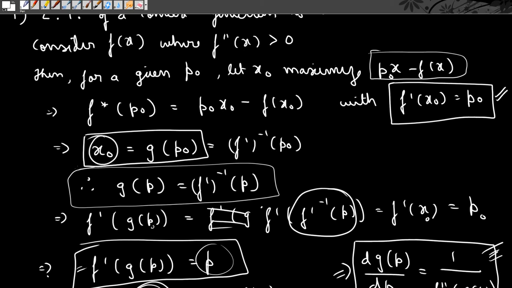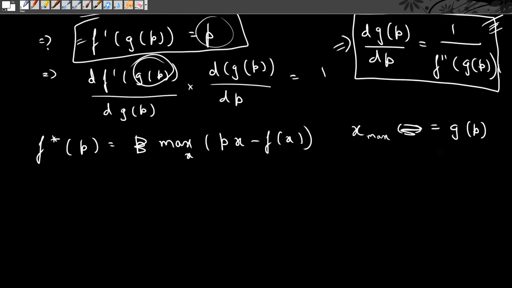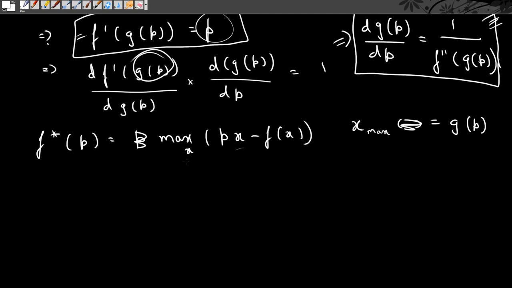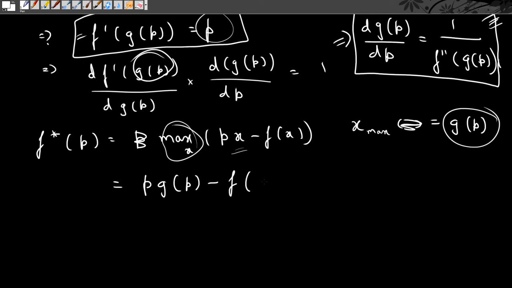So whatever x gives the maximum value can be expressed in terms of p as g of p. Okay, so remember, this is not for all x, only the x for which the function has a maximum is denoted using g of p. So I can write this as p into g of p minus f of g of p.